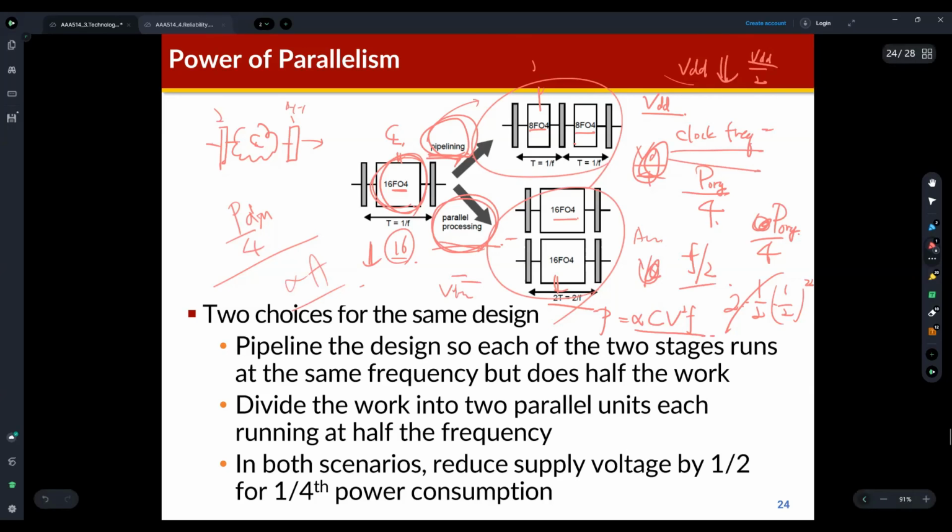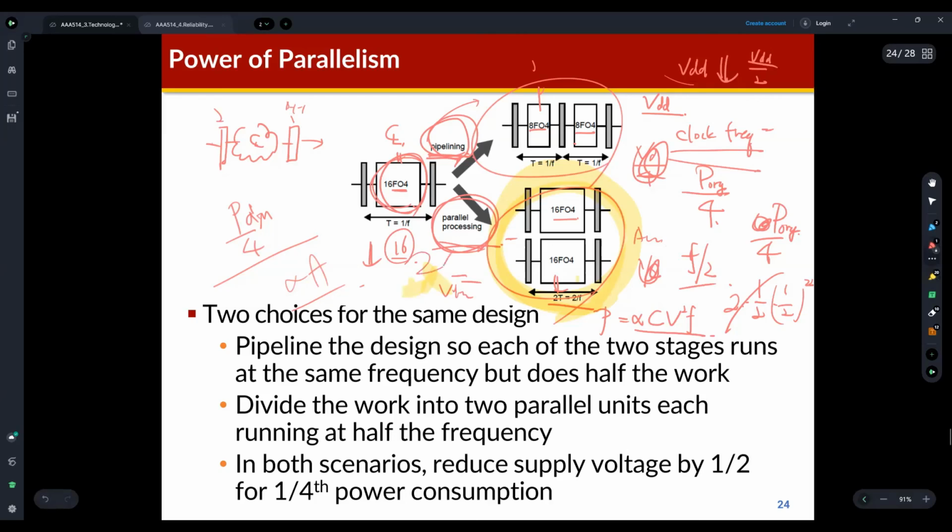Actually, this one has 2x area, right? So even though the dynamic power reduction is the same, if we just consider the static power, this approach is not good because it will consume 2x the static power.